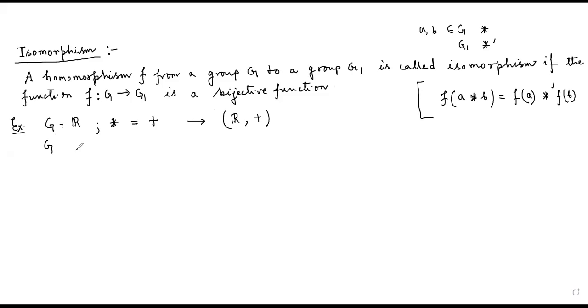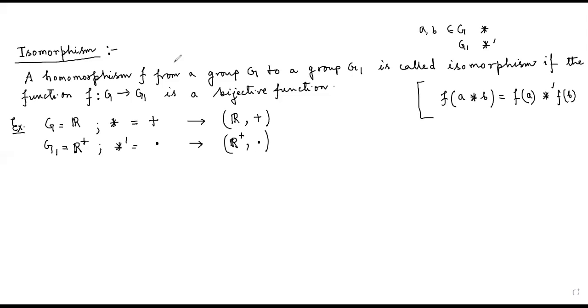For G1, we are considering the set R plus, the set of positive real numbers, and the composition operation star prime is taken to be dot, the multiplication. And we know with respect to this operation, R plus dot becomes an algebraic structure, which is a group.